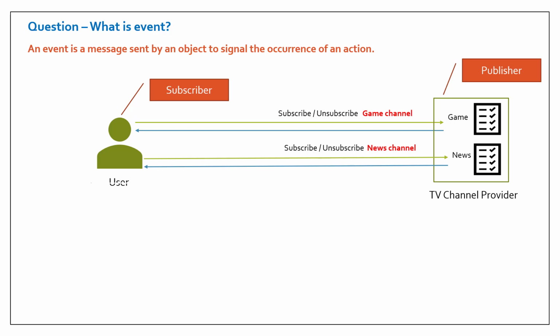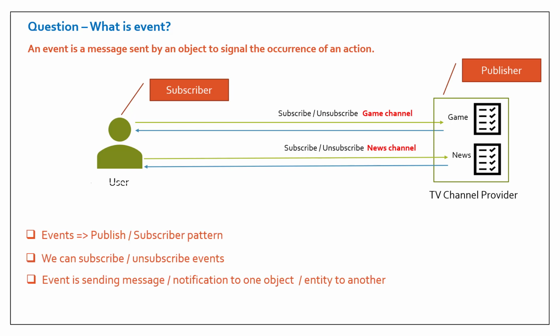So even in C Sharp works in pub sub model or publisher subscriber model. We can subscribe or unsubscribe events and event is sending message or notification to us. Now we'll discuss event in more details with some C Sharp example.